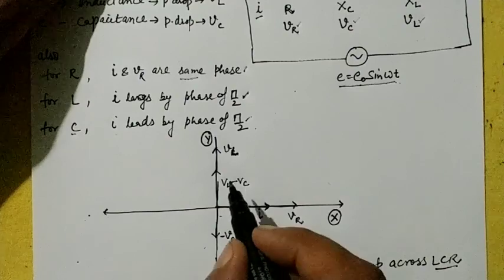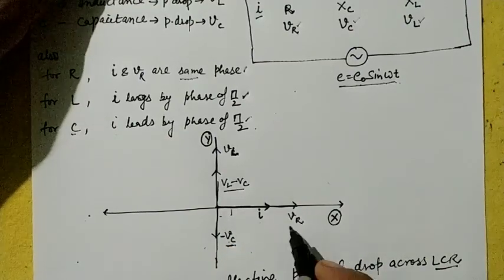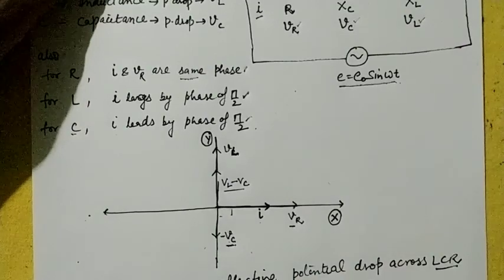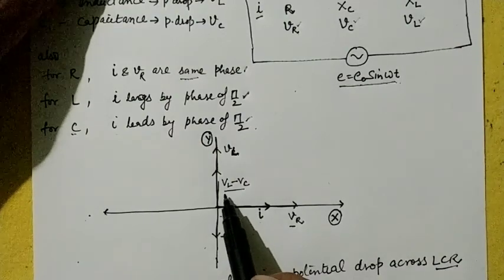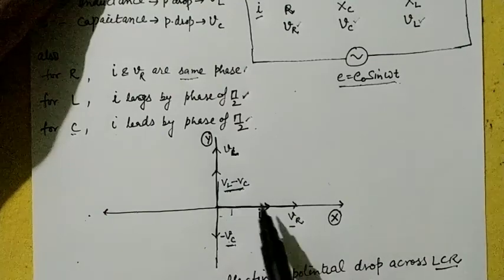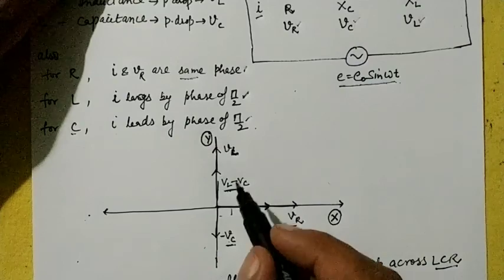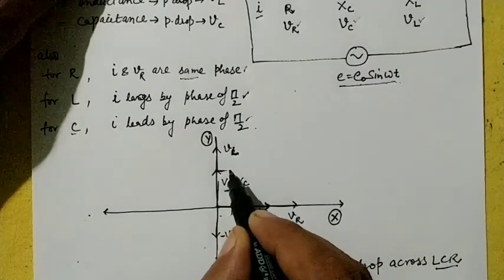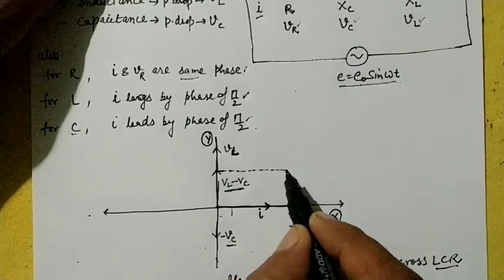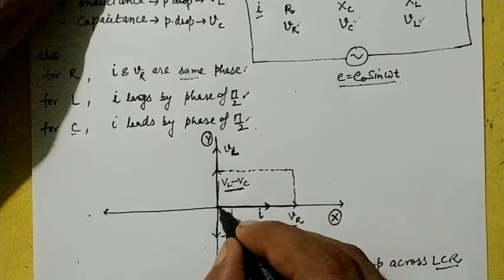Now we are left with two potentials, VL minus VC and VR. How do we find the effective potential drop for these two? For that, I will draw a right angle triangle.